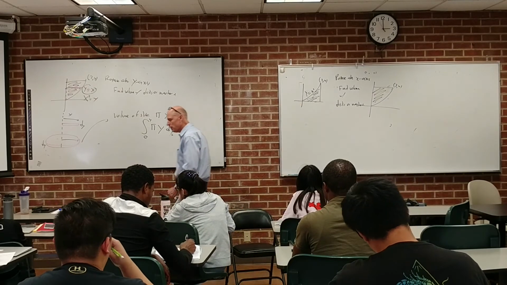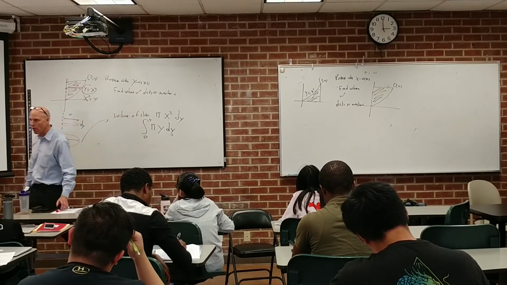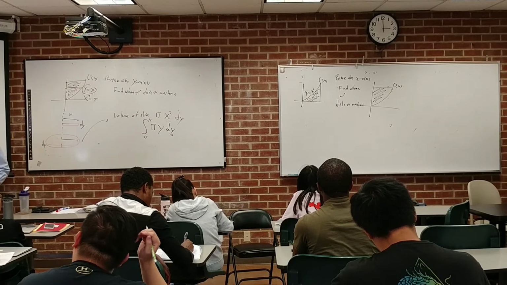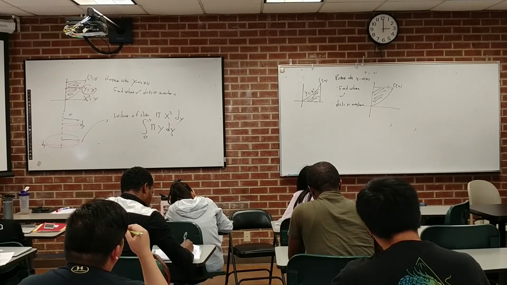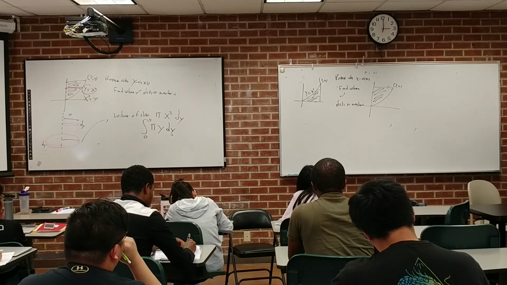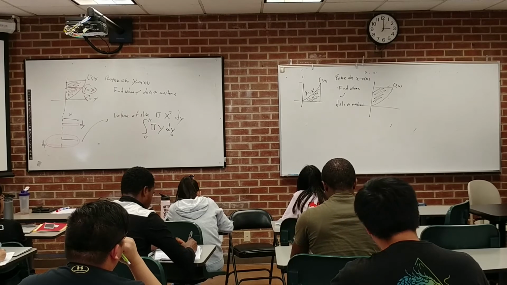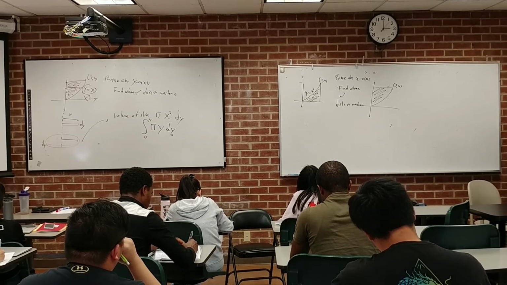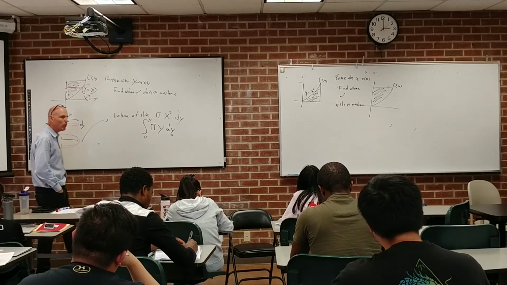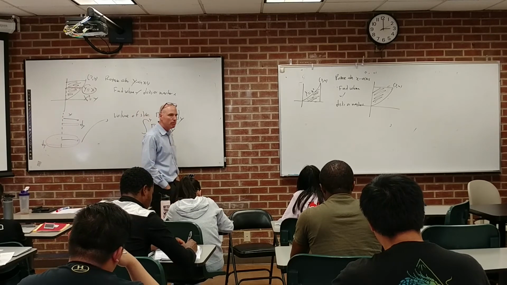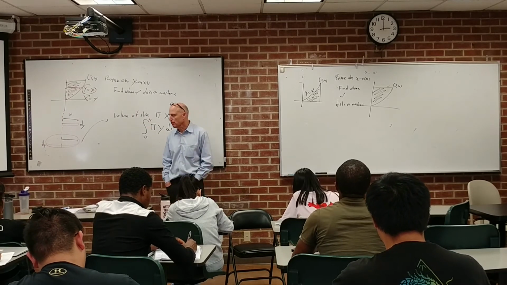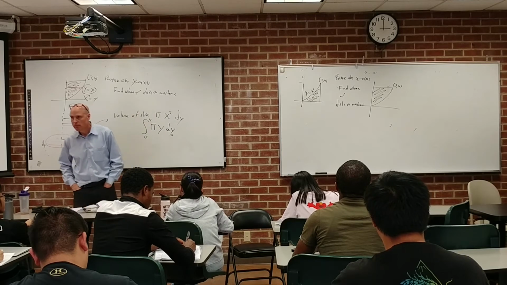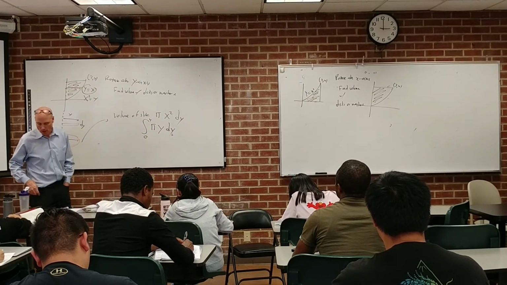So each of those two shapes, I want you to rotate about the x-axis this time, and then figure out the volume of that shape, either using a disc or a washer. One of them is going to be a disc, one of them is going to be a disc with a hole in the middle that we call a washer. Two problems. An easy one and a hard one.